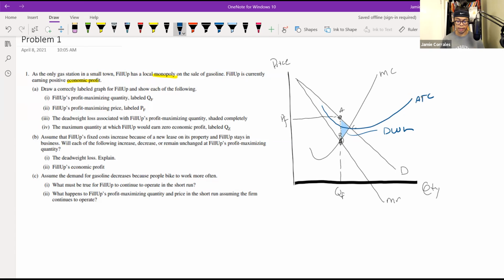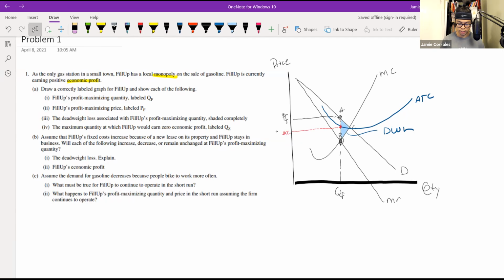And why is it earning economic profit? Because at QF production, it charges a price in the market, PF. But what is the average total cost at QF? We translate that point on the average total cost curve, and horizontally to the y-axis we can see the average total cost is right around here.